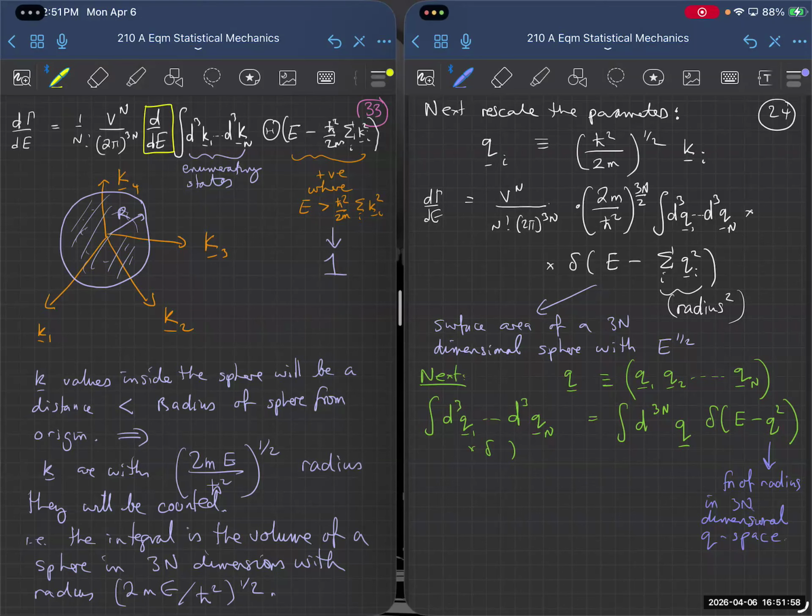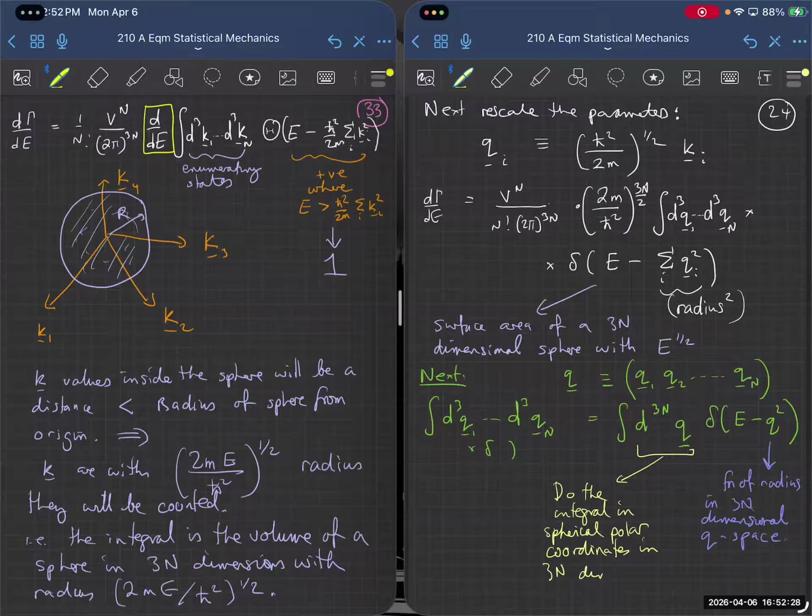So if it just depends on the radius, then I'll do the integral in spherical polar coordinates in 3n dimensions. Ultimately, n is going to be Avogadro's number of particles. So all of statistical mechanics is a very high dimensional integral.